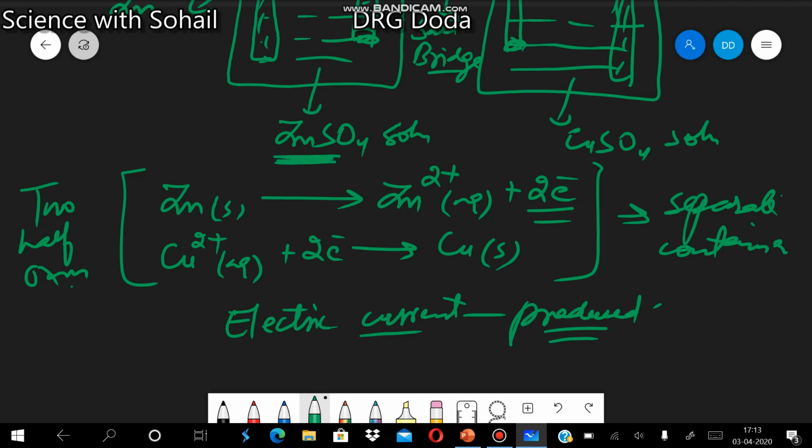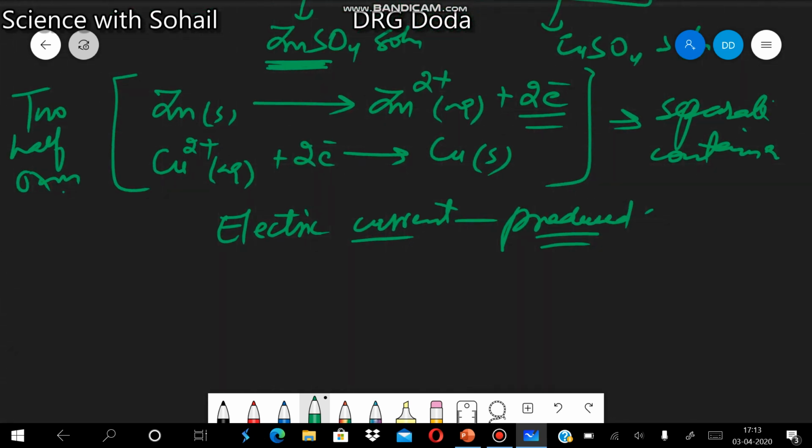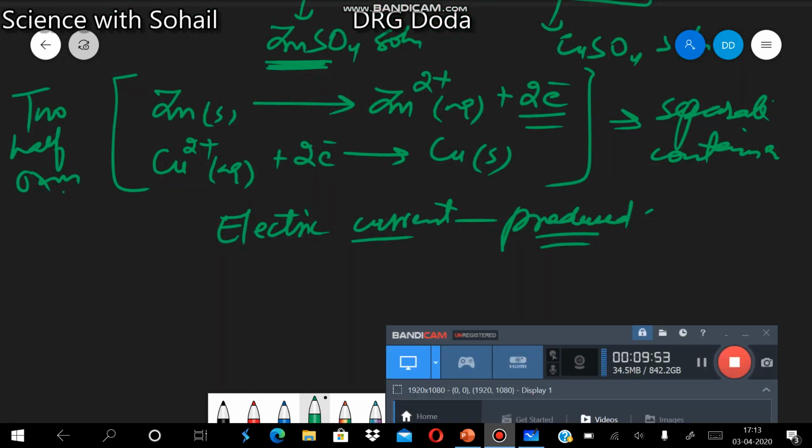And in this way an electrochemical cell is formed. So an electrochemical cell works on the principle of indirect redox reaction.